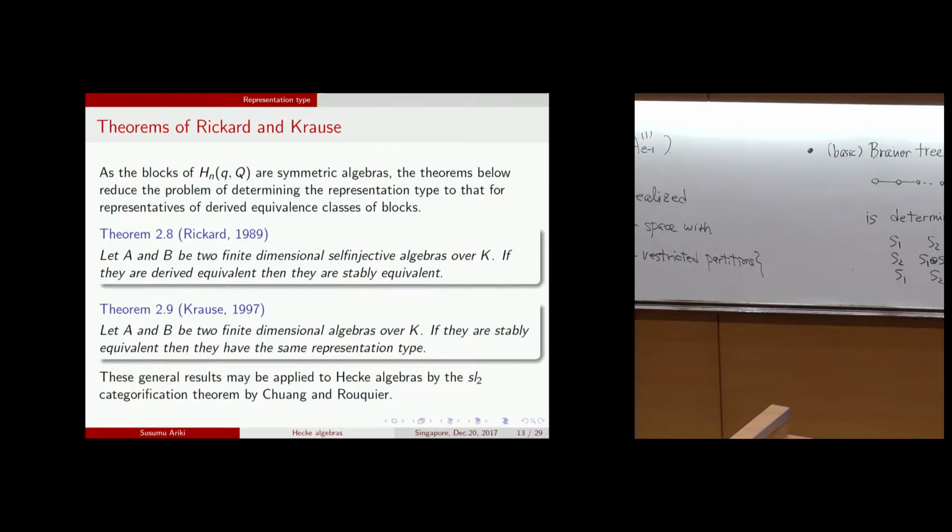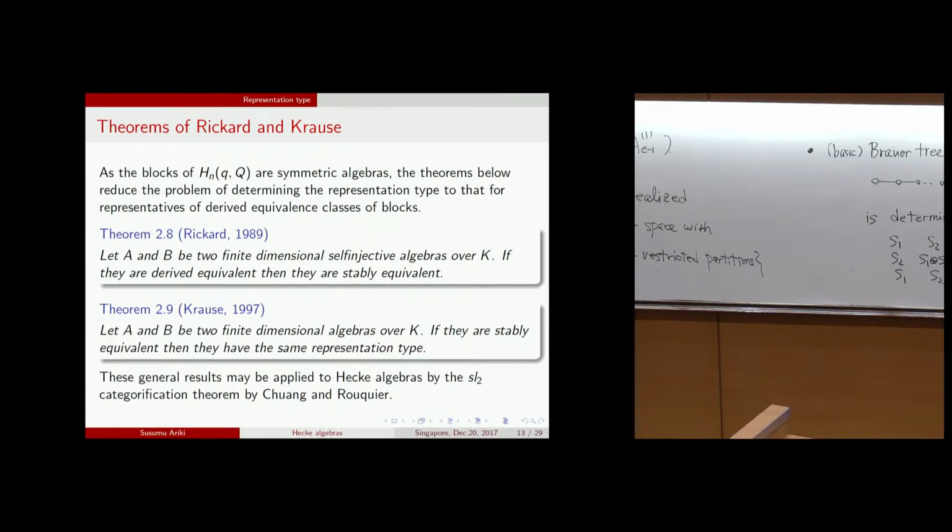As blocks of Hecke algebras are symmetric algebras, this is a well-known fact. So the theorem below reduces the problem of determining the representation type to that for representatives of derived equivalence classes of blocks. The first one was a famous result by Rickard. Let A and B be two finite dimensional self-injective algebras over the field K. If they are derived equivalent, then they are stable equivalent.